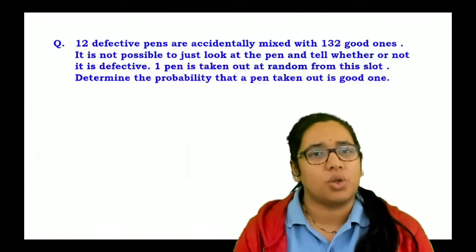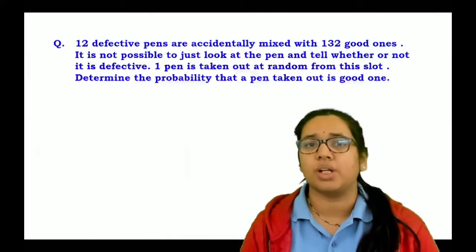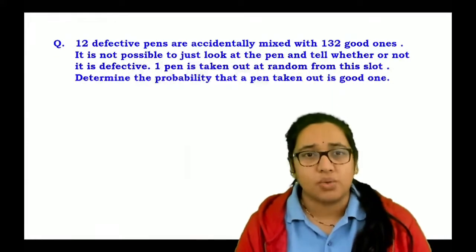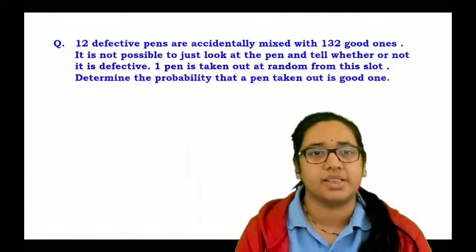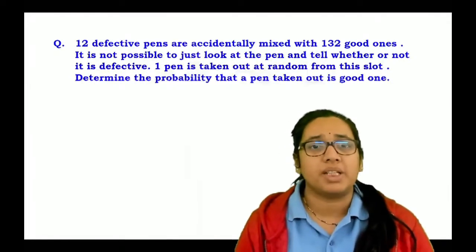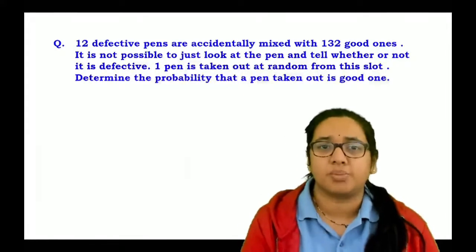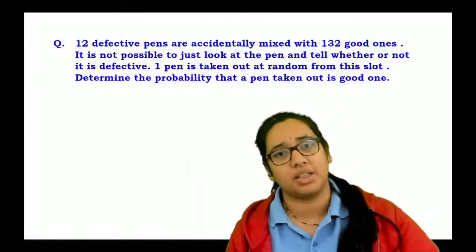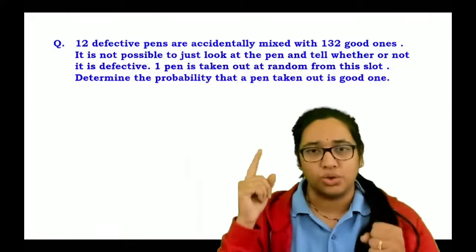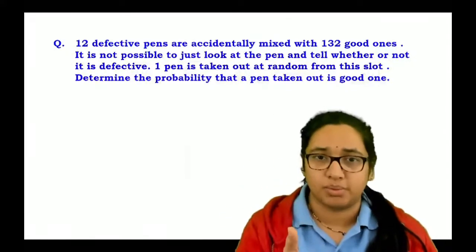If it is not possible to just look at the pen and tell whether or not it is defective, one pen is taken out at random from this lot, then determine the probability that a pen taken out is a good one.